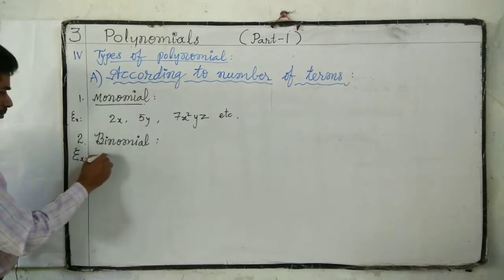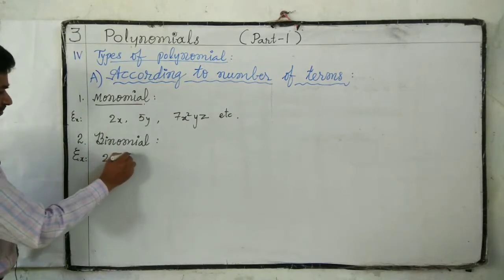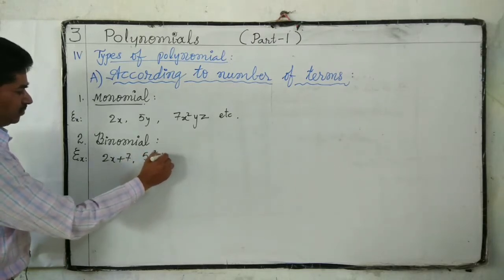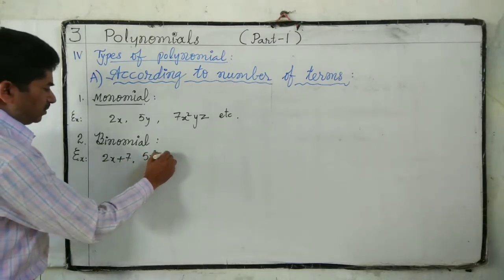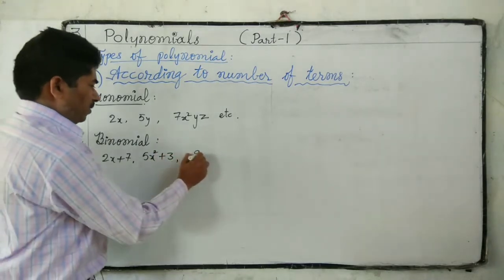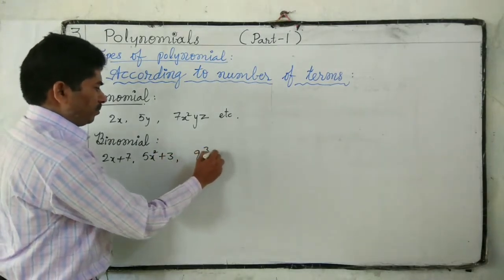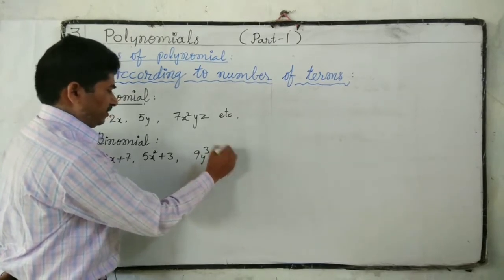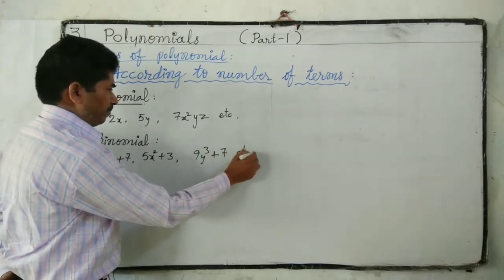Example, 2x plus 7, 5x square plus 3, 9y cube plus 7, etc.